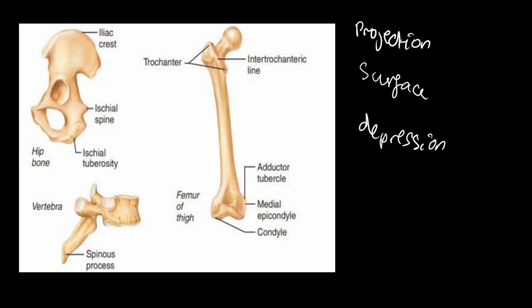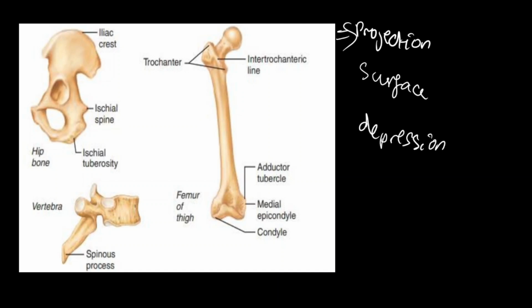Now, taking a look at the picture in front of us, this picture depicts the projections, and there are different types of projections that we could have. Generally, projections are sites of muscle and ligament attachments. Anywhere we have muscle or ligament attachments, we usually have a projection.